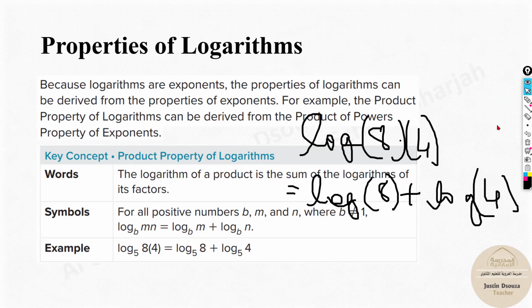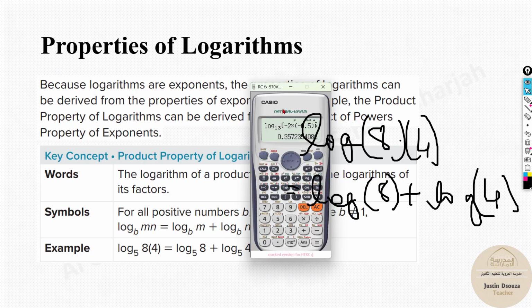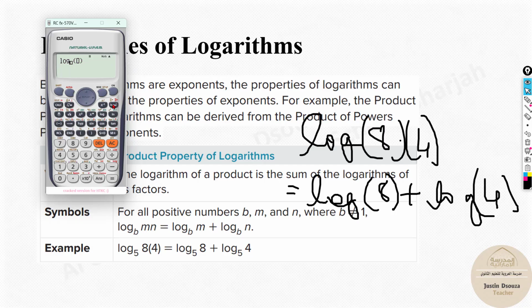You can do this. Let's try. Wait, let's go over here. Even if you don't put a base it's fine, but let's put a base, say 5. Log base 5 of 8 plus log base 5 of 4. What is the answer? It is 2.15.